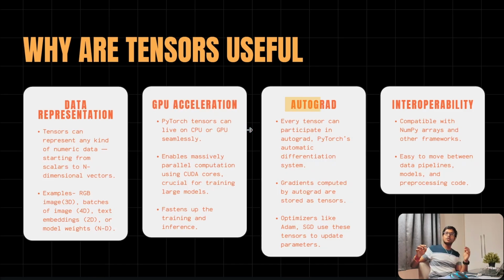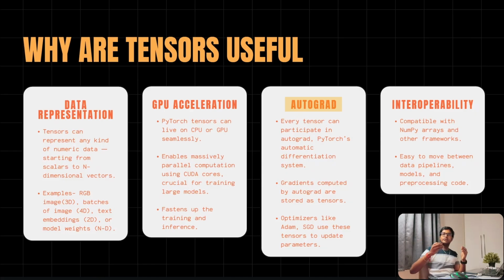Next up is autograd. This is another superpower of PyTorch tensors. During backpropagation, we have to compute the gradients of our loss with respect to all the parameters of our neural network. If we had to compute all these gradients manually, it would probably take ages to train any neural network. But that's where the magic lies.